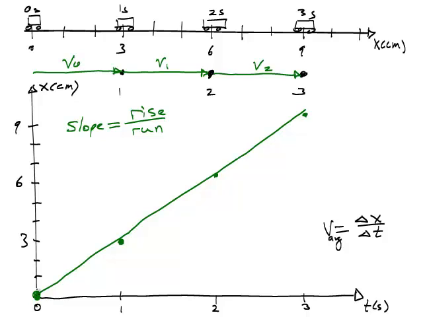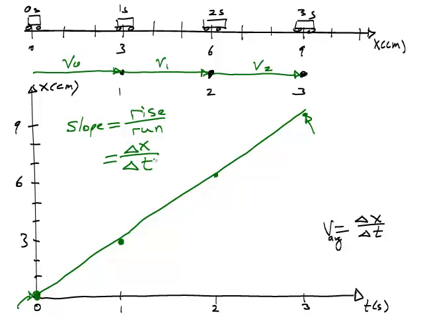If I wanted to look at this point right here and this point right here, what would I find? So my rise would be going along this axis, so our rise would be a change in the position. Our run is along the time axis, so I'm looking at a change in the time.